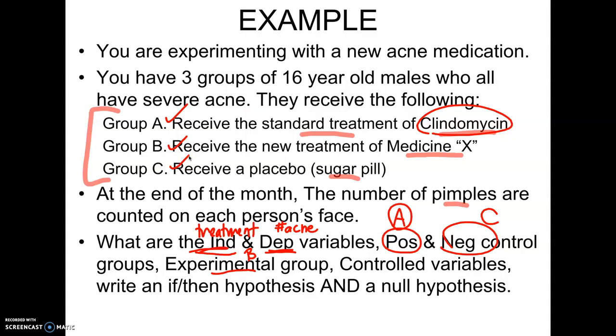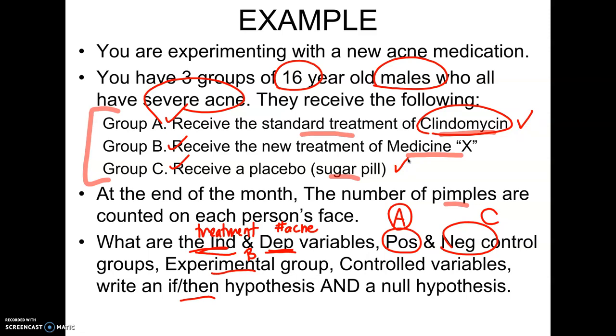Controlled variables, they're all 16. They're all males. They all have severe acne. Those are 3 controlled variables. If-then hypothesis. If medicine X improves acne, then the students who receive medicine X should have less acne than those receiving clindamycin or the placebo.